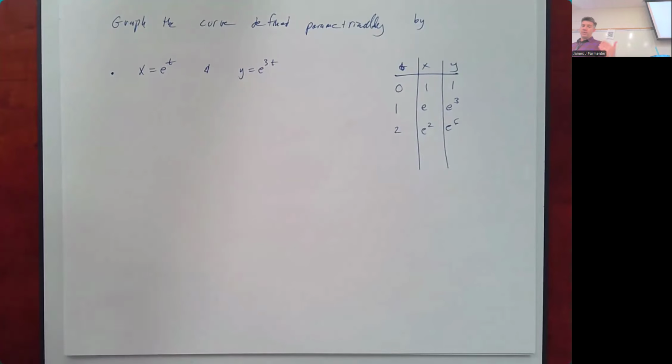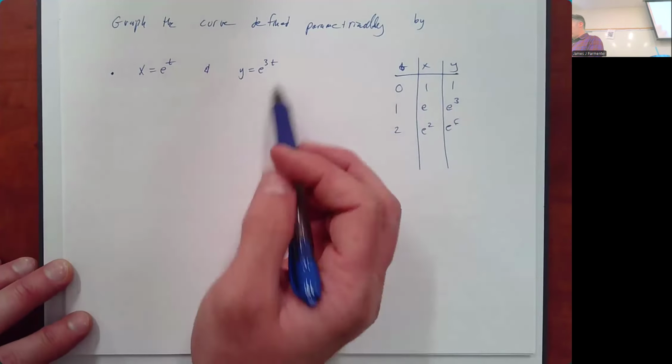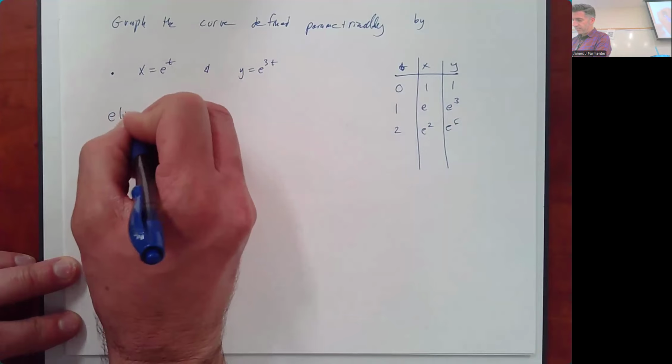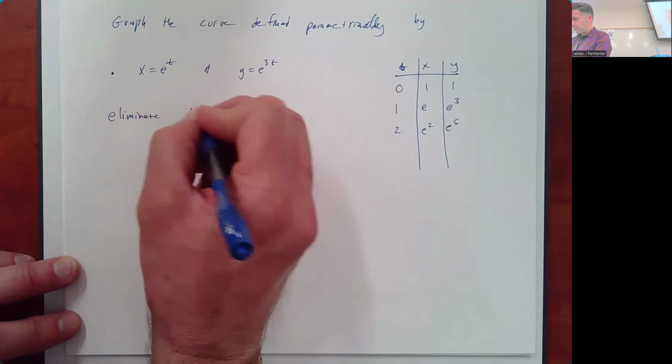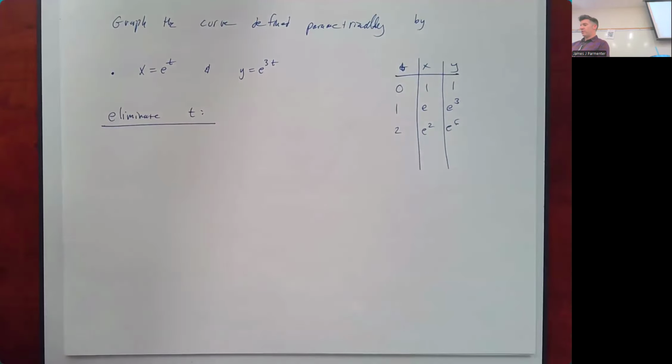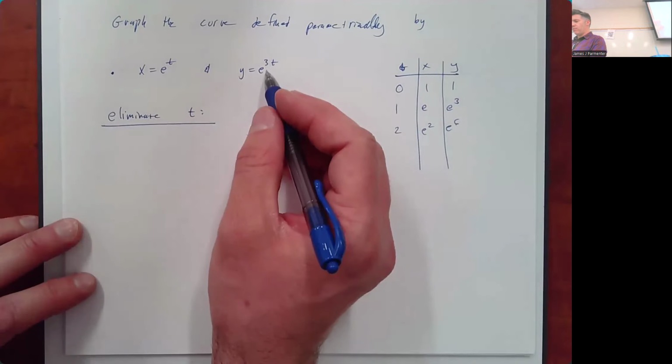So we're going to do the thing we said we should, which is we're going to try to write y in terms of x. We're going to try to eliminate t. And in this one, I would say there are 2 valid ways you could do this. One way is just kind of seeing it. So you might be like, oh, wait a minute, James.